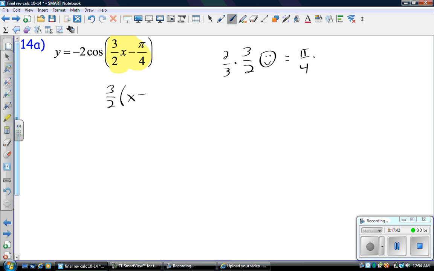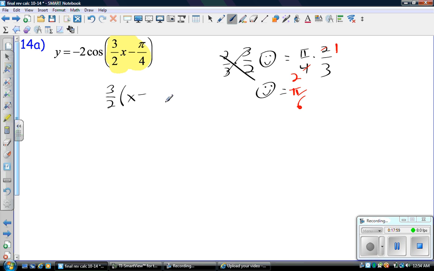Reduce: 1 there, 2 there, you get pi over 6.